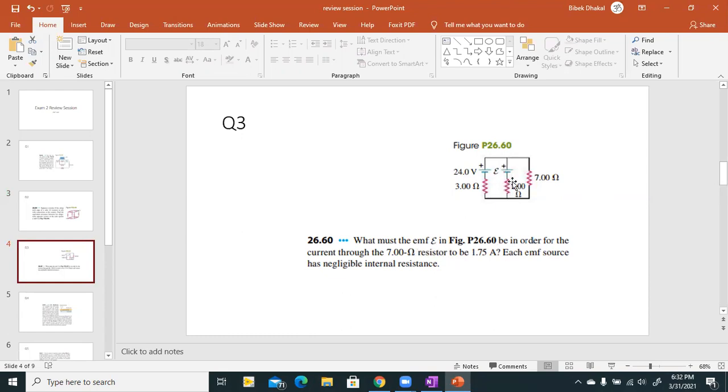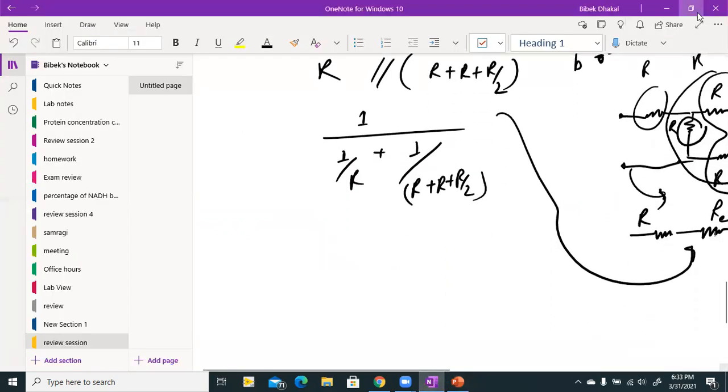That's the second battery's EMF, in order for the current through the 7 ohm resistor to be 1.75 amperes. So you are given the current which is flowing through this resistor, and you need to find the EMF E that is needed for this resistor to have this much current. So it's a hard problem.